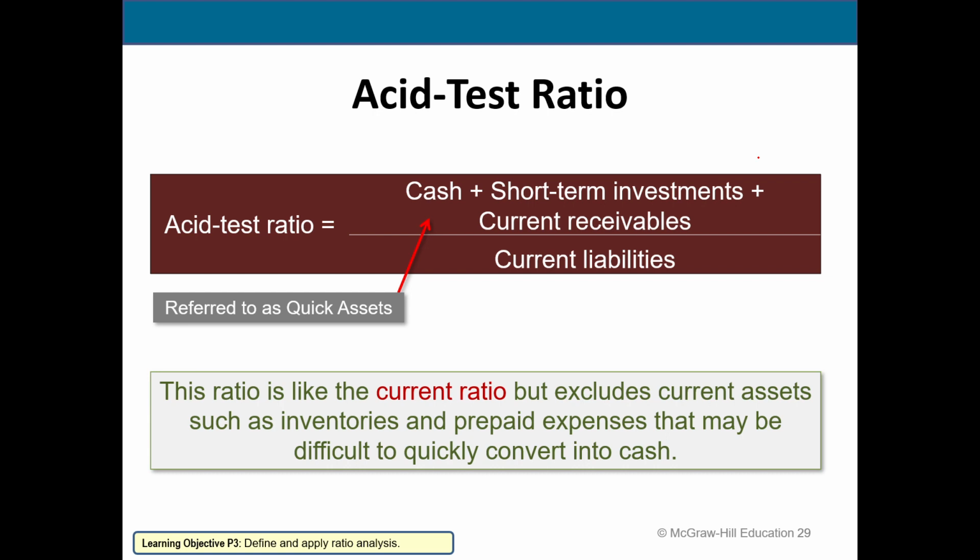So the acid test ratio or quick ratio is just the same as the current ratio, except that we have made a change and we are excluding things like inventory and prepaid expenses from our ratio. Okay, so it's very, very liquid.